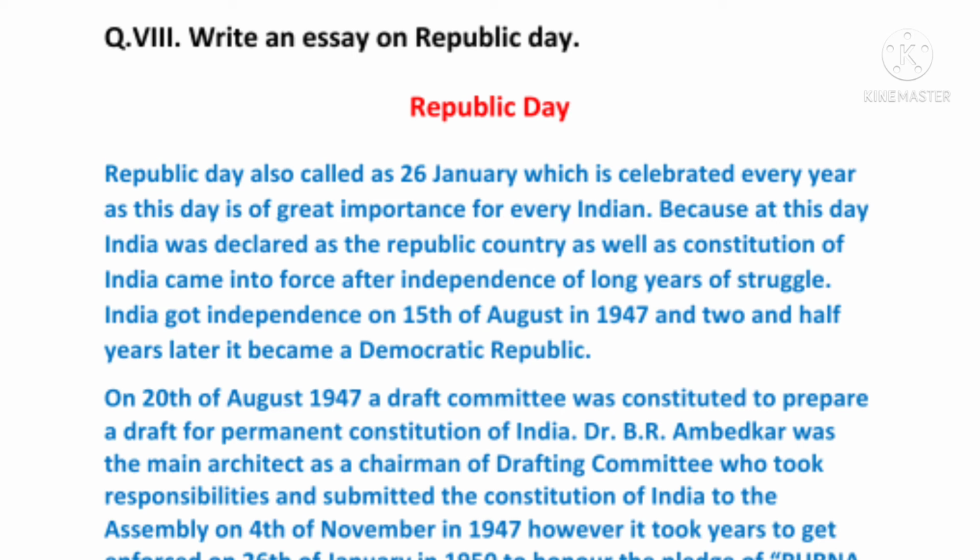Republic Day, also called 26 January, is celebrated every year as this day is of great importance for every Indian, because on this day India was declared a republic country, and the Constitution of India came into force after long years of struggle for independence. India got independence on 15th of August in 1947, and 2.5 years later it became a democratic republic.